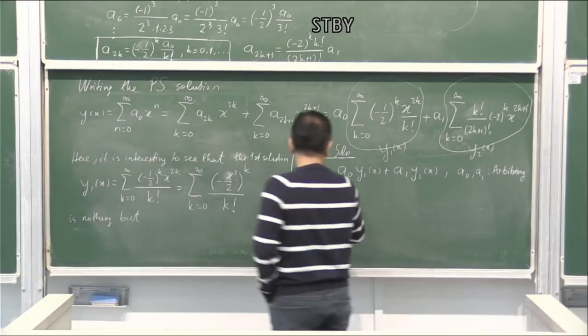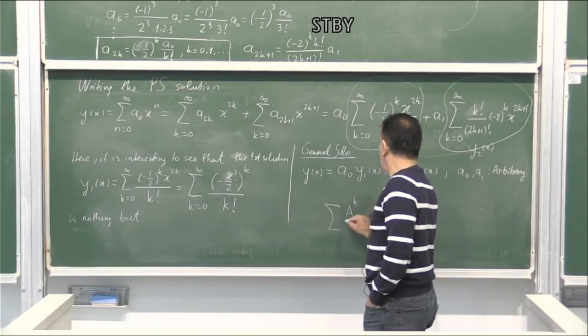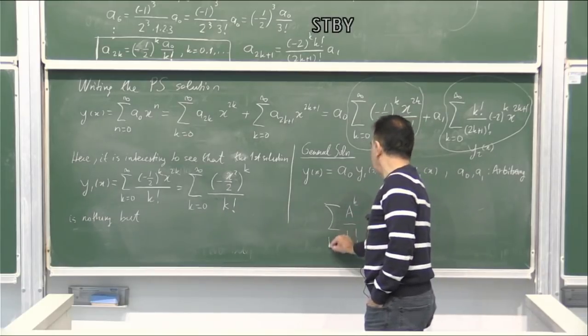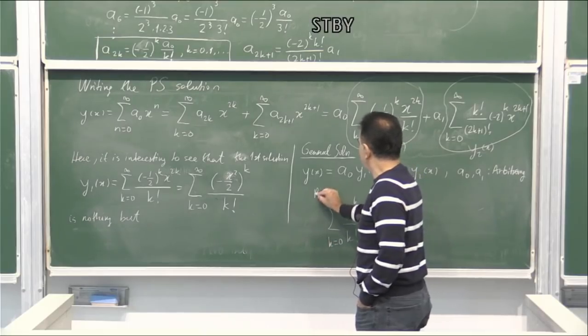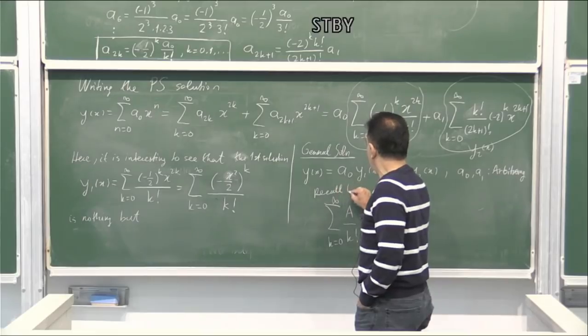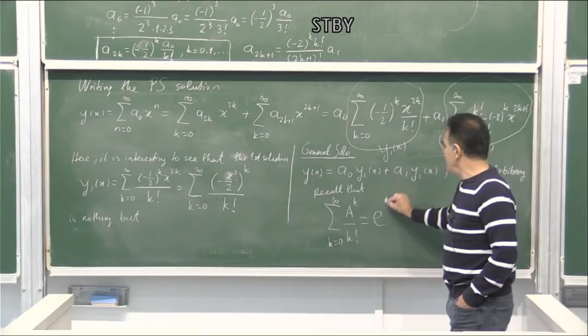Remember, what is this one? A to power k over k factorial. Recall that this is nothing but e to the power a.